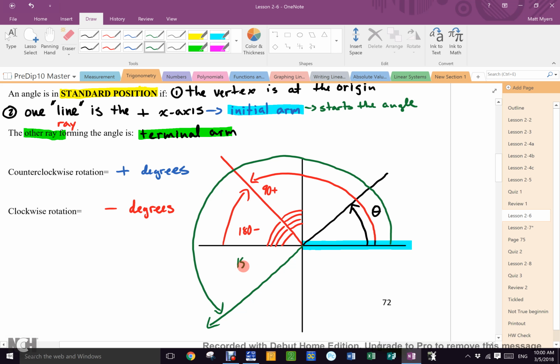So this is 180 plus. Or 270 minus. Everybody cool? And finally, I'll make a blue line down there. What's theta?